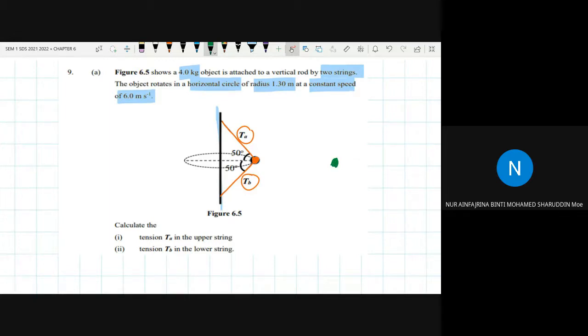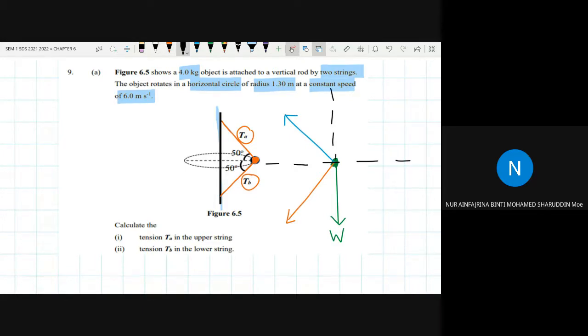Anyone? Weight downwards. Okay, I'll follow what you guys do. Weight downwards. Correct. Okay, next. In the second quadrant there is tension A. Okay, very good. Next, in the third quadrant there is tension B. Okay, so now you will get something like this.